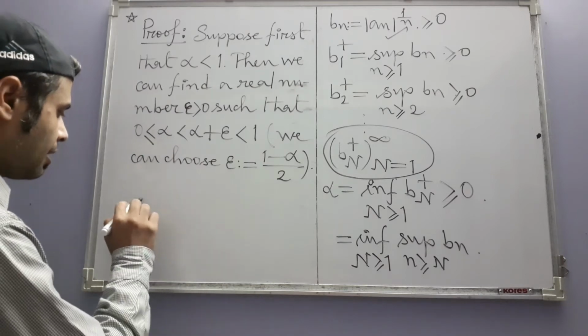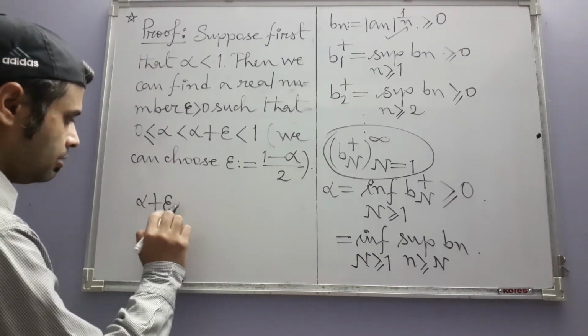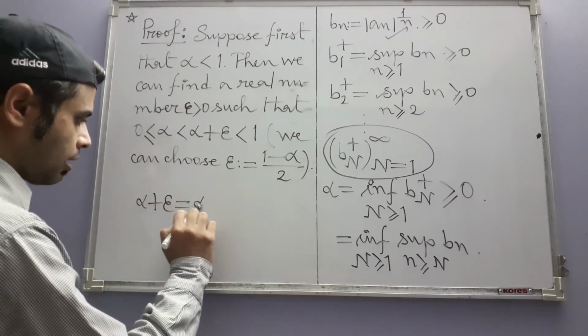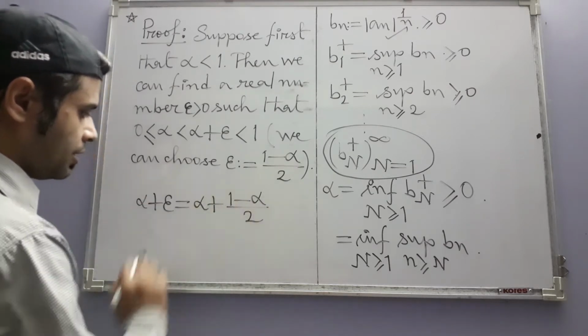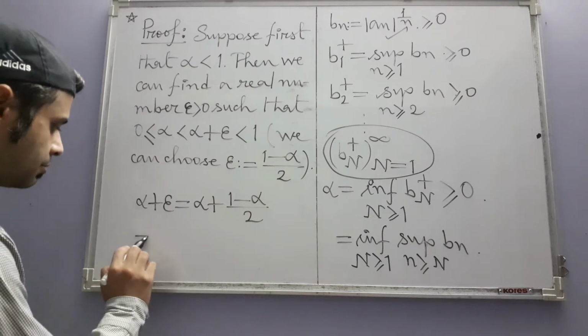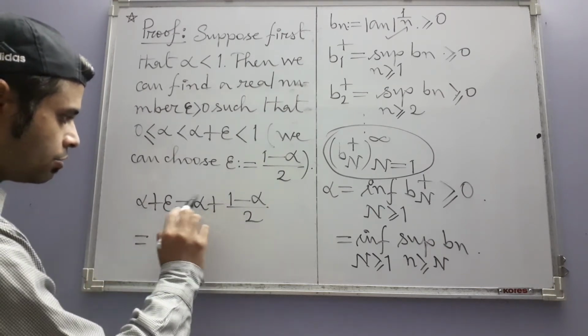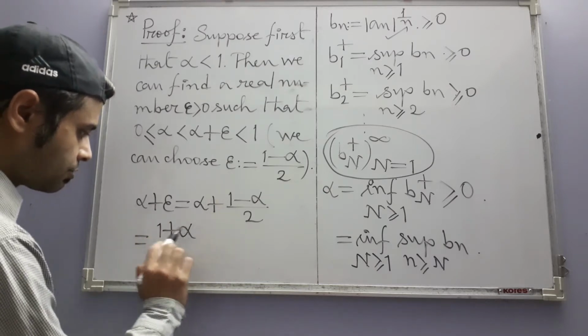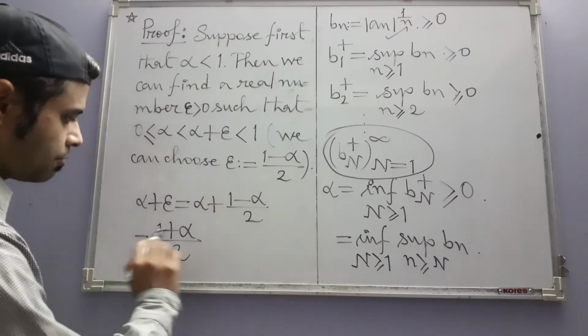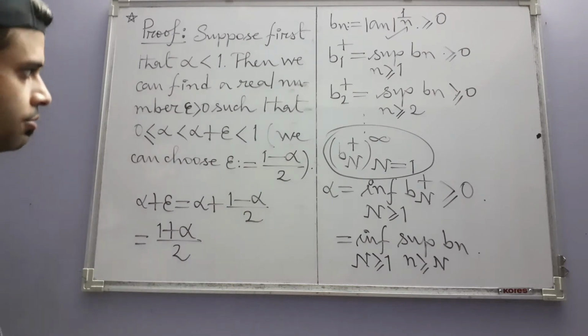Let's just do the calculation quickly. Alpha plus (1 minus alpha) divided by 2 gives us what? If we simplify things, 2 alpha minus alpha will be alpha, and plus 1 of course will be there. So (1 plus alpha) divided by 2.